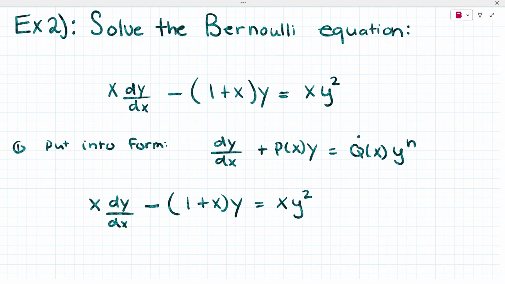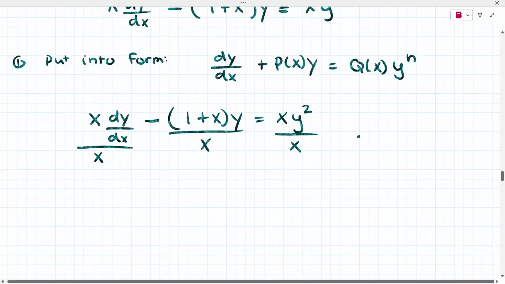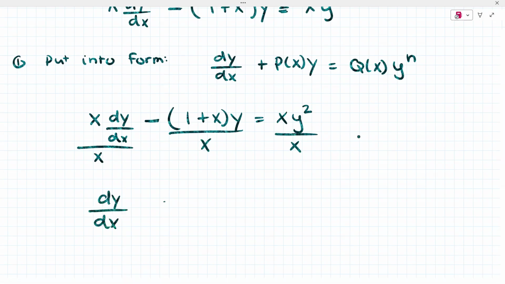Yeah, let's get rid of that x. So we're going to divide everything by x. You get dy dx minus 1 plus x times y over x equals y squared.